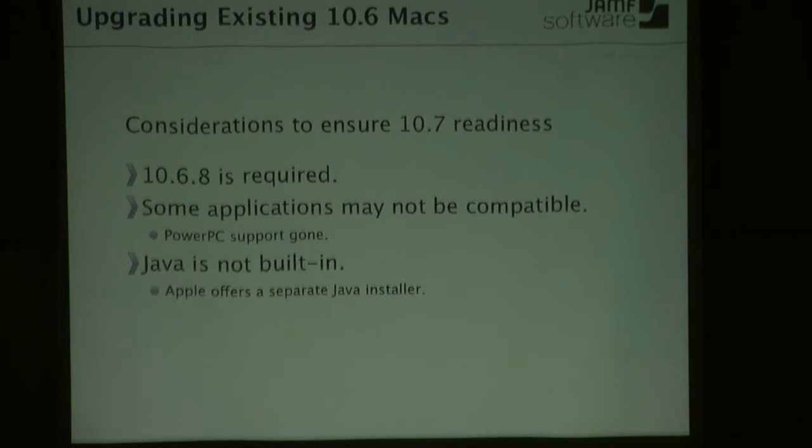Does anyone else have any good recommendations or key things to consider when doing an upgrade that I might not have mentioned here? Yeah. Good point. If you have hidden your administrator account, Lion knows that account right when you create it. Good point. Okay. Rich?